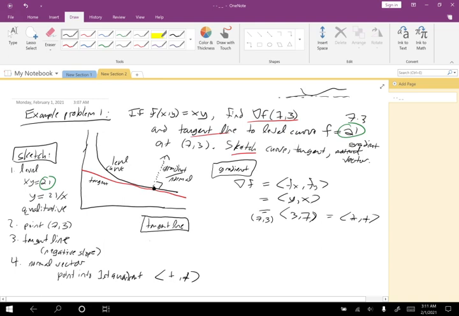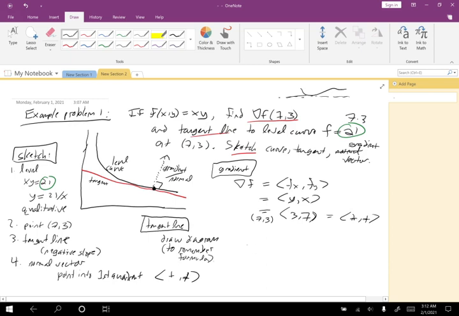Okay, so how do you do the tangent line? I would draw a diagram to remember the tangent line formula.